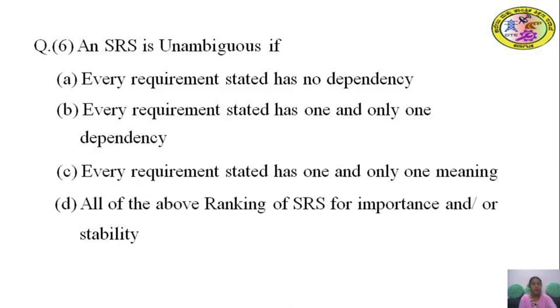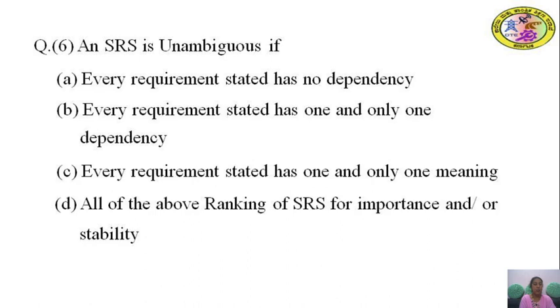So the next question is, an SRS is unambiguous if A, every requirement stated has no dependency. B, every requirement stated has one and only one dependency. C, every requirement stated has one and only one meaning.